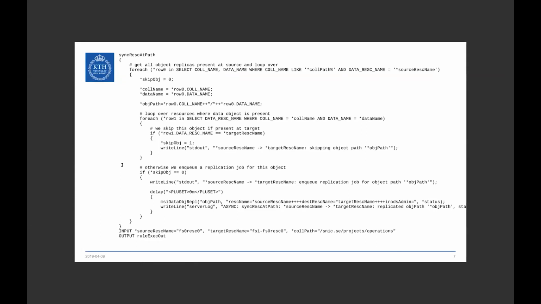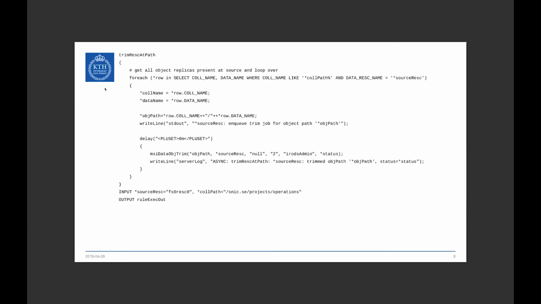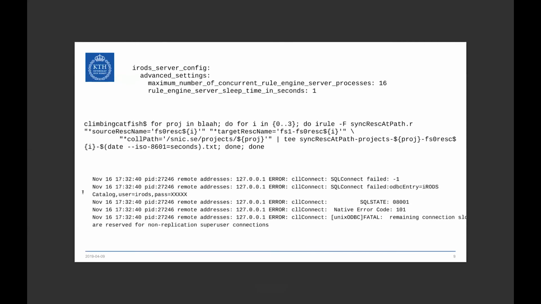Not at once though, but very many in the queue. And the second part, the trimming part, is simpler. It's basically just you do the same. You query all the data objects within a certain virtual path and resource, and then you enqueue the trim jobs.